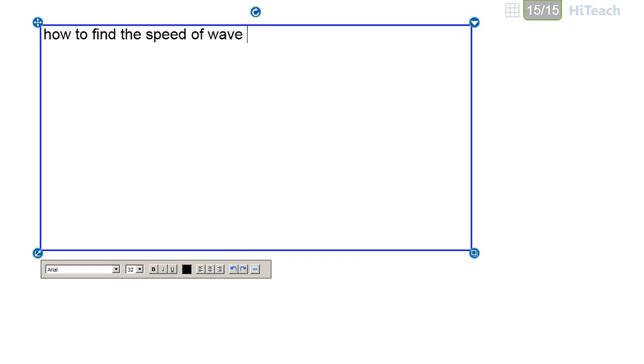Here, the first thing, the distance: in one cycle, a crest moves a distance of one wavelength. So if you know the wavelength, that is the distance for the wave. Wavelength is the distance.